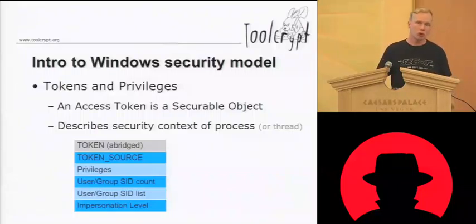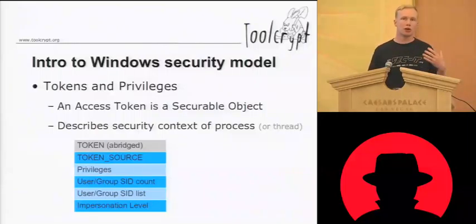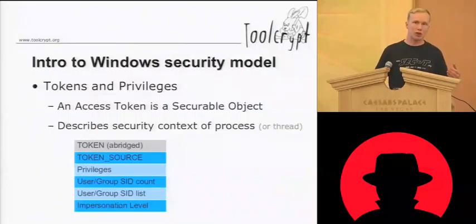So once a user has authenticated himself, you impersonate that user, which assigns a temporary impersonation level token to that specific thread, and every access control request that's made by that thread will then be compared to the information within that impersonation token.